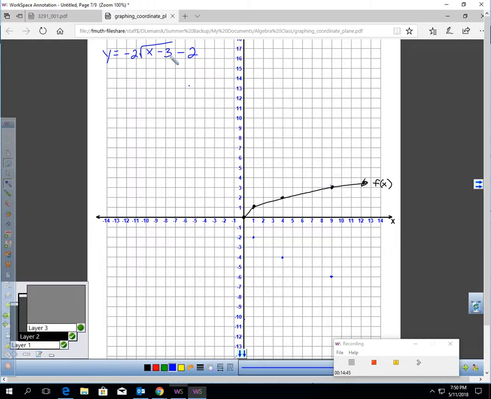And now there's one more thing. Remember here, this means right 3 and down 2. So take each of these points and go right 3, down 2. So this point, right 3, down 2. I'll make it big now. This point, right 3 and down 2 here. This point, right 3, down 2.